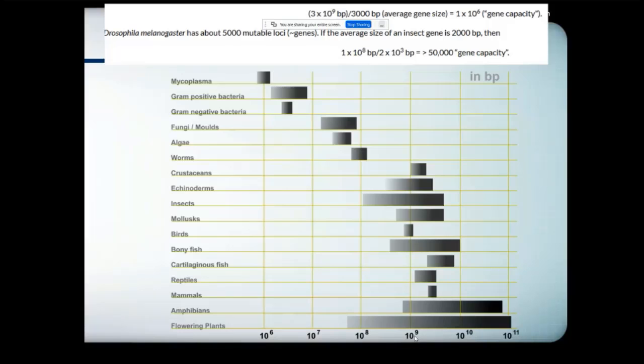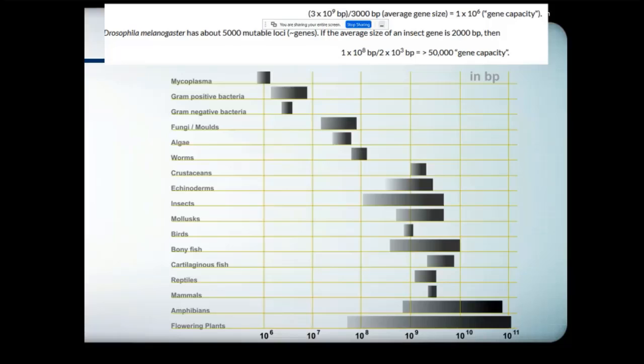In the case of mammals, which is represented here, this is the range of mammals. In humans especially, we know that it is 3 billion base pairs, the genome content of humans. So 3 billion base pairs can be represented as 3 into 10 raised to 9 base pairs.